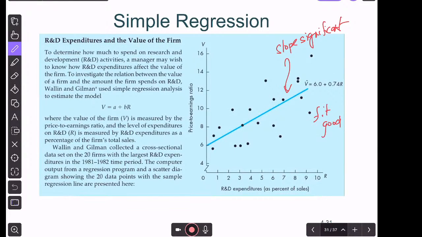The fit means, what does the fit mean? We can use the prediction line. In other words, we can make predictions with it. So we can estimate, if we want a specific price to earnings ratio, how much we can invest in R&D as a percentage of sales.